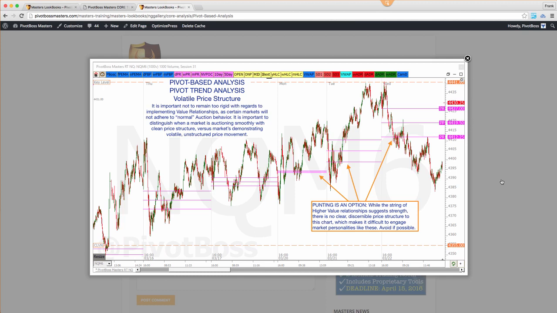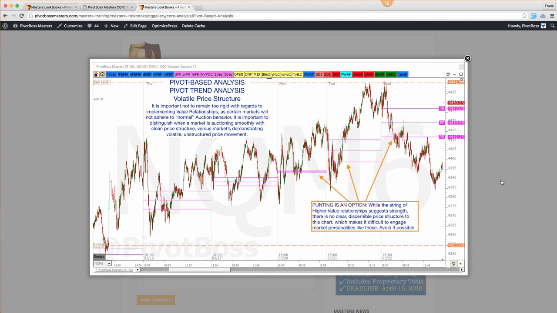So I don't want to cherry pick and tell you that every single opportunity is beautiful and perfect, because it's important to be able to understand when to distinguish between a market that's basically auctioning with great clean price structure versus a market that's not so clean, instead demonstrating volatile, unstructured price movement.